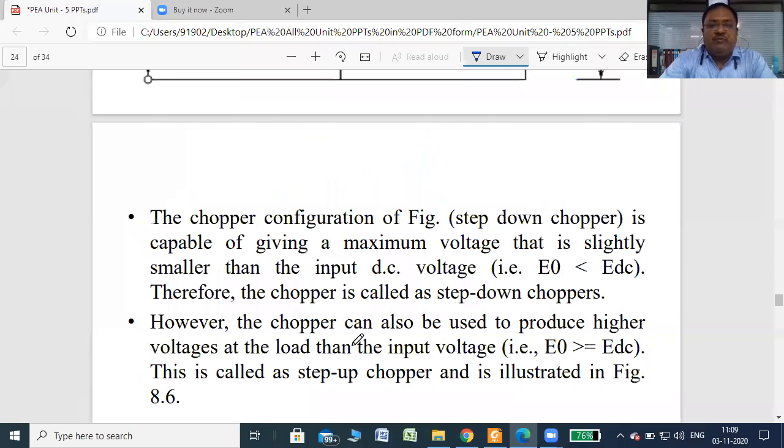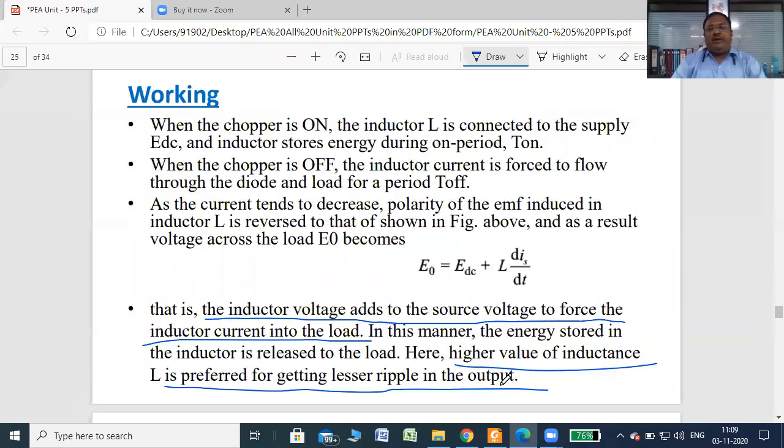So definitely the use of inductance and switching action produces some AC voltage at the output of a DC chopper. Basically, the output of this chopper must be variable DC, but because of this inductor and switching action, some AC components are still present. So to avoid the AC components, we have to use a higher value of inductor.